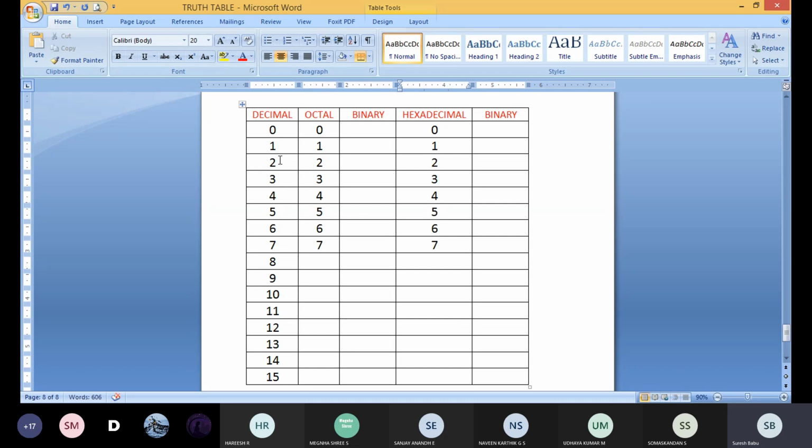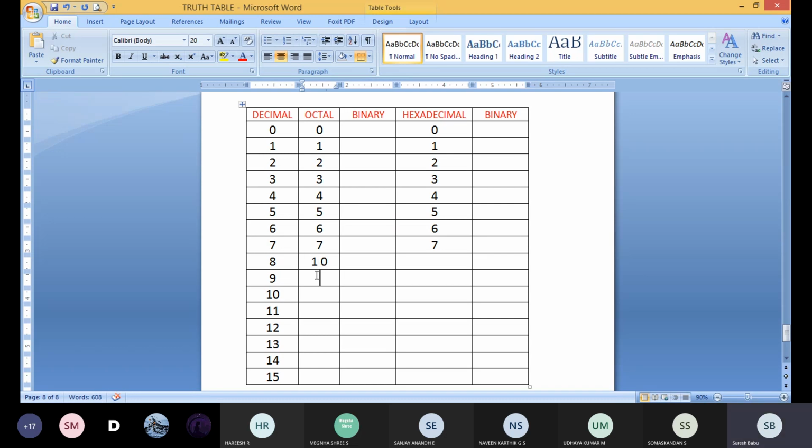Up to 7, all the values are equal. But decimal 8 is equivalent to octal 10. Because in octal we have only 8 numbers, 0 to 7, you cannot write it as 8. For 8 we write 10.